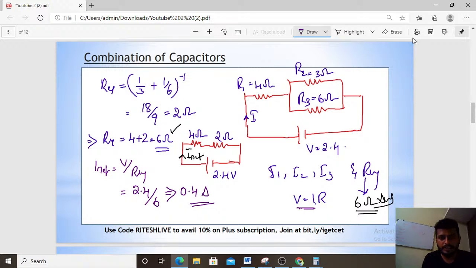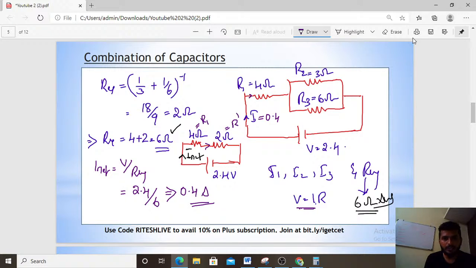Okay. So that is nothing but the current here, that is 0.4. The concept says the current through here will be the same for R1. When they are in series, current will be the same all over. So this is R1, right? And this is R dash, actually nothing but R2 and R3.